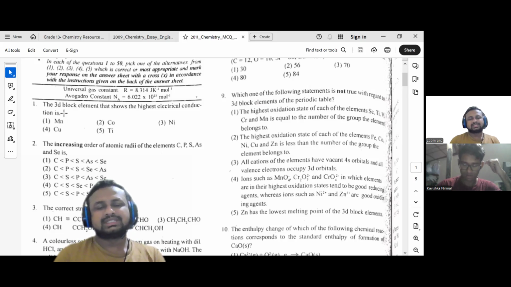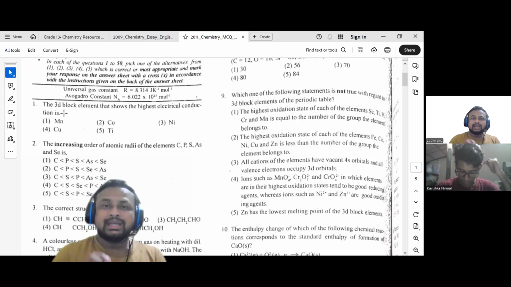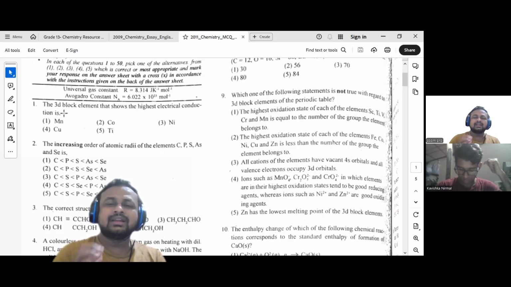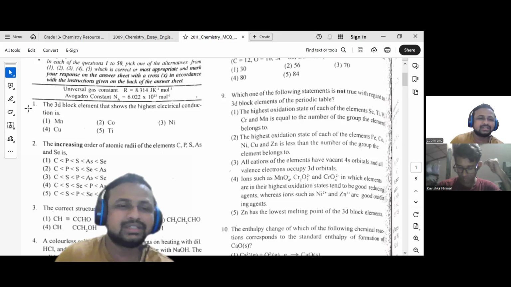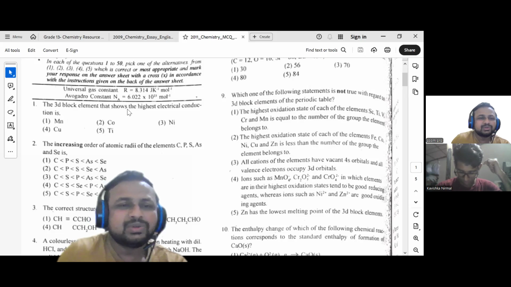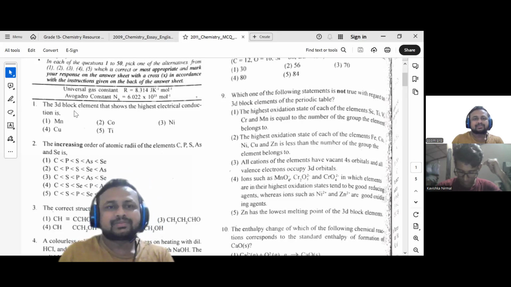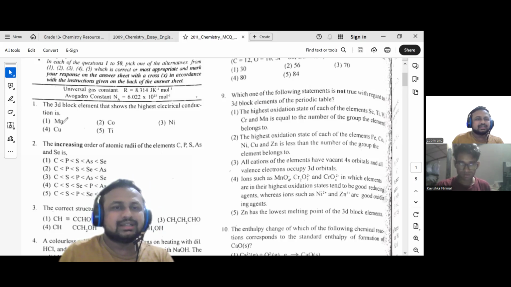Or if the element releases one electron, it will obtain a more stable electronic configuration. When you consider this, look here, you can see manganese.